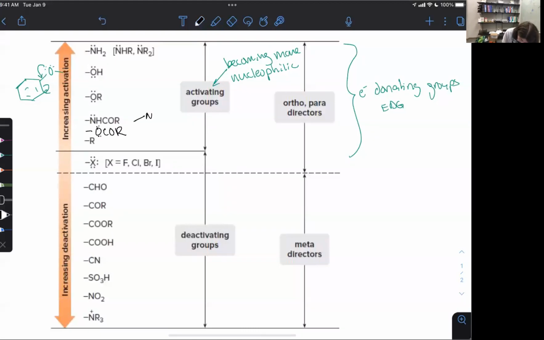This one is an amide, this one is an ester. If I have my phenyl group over here, my benzene, we'll just draw little benzenes.